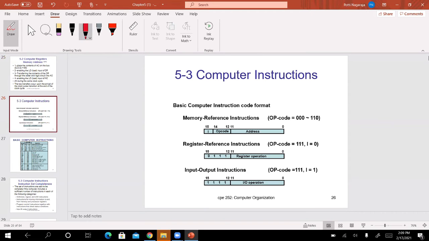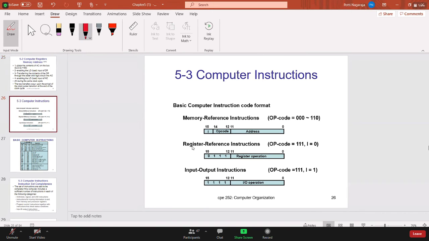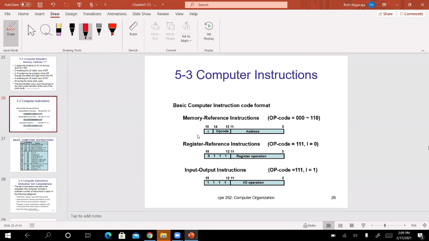So computer instructions, there are three types of instructions. What are the three types? Memory reference instructions, register reference instructions, and the last one is input output instructions.